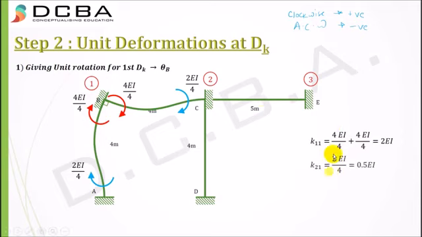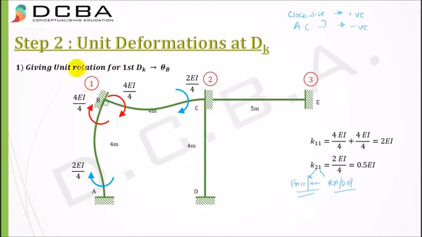Then K21 is the force or moment formed at joint 2 due to unit rotation or deflection applied at joint 1. So the first digit is basically the force or moment where it is formed, and the second digit indicates the rotation or deflection where it has been applied.